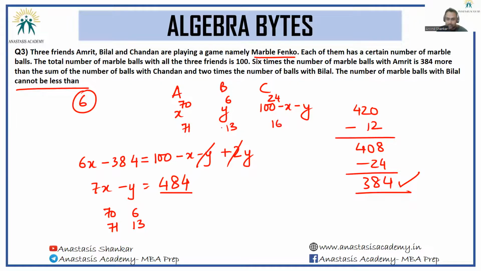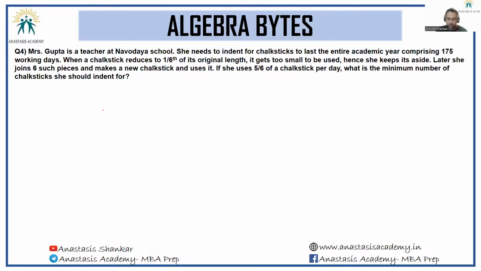So c is 16 here. 71 into 6 is 426. Minus 26 is 400. Minus 16 is indeed 384. So all conditions will also get satisfied at 71 and 13. But we are looking for the smallest possible value of y, smallest possible number of balls that Bilal has to have, and the answer to that would be 6.